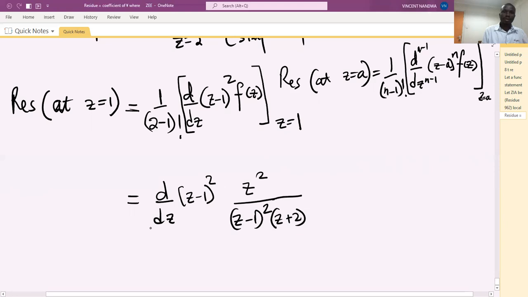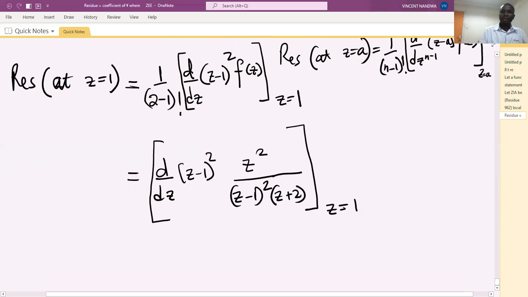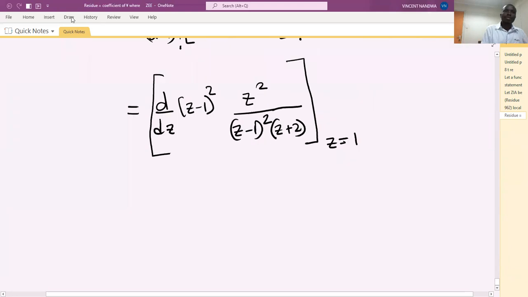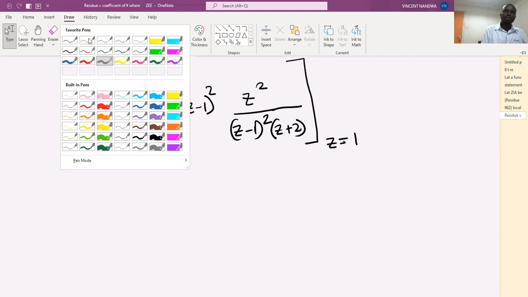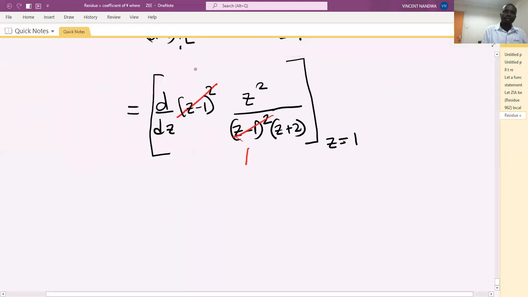Remember, all these are done at z equals 1. So these two brackets will cancel out, and we'll have d/dz of z squared over z plus 2.